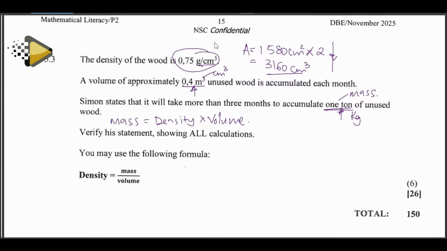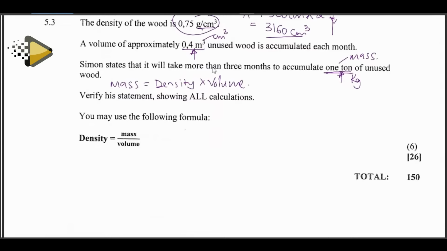So what we're going to do, let's look for mass using the volume. So density, but then this has to change to centimeters, meaning meters to centimeters, we multiply by 100, but you're going to multiply by 100, what? Cubed. So let's change the 0.4. So it became 4 centimeters, what?